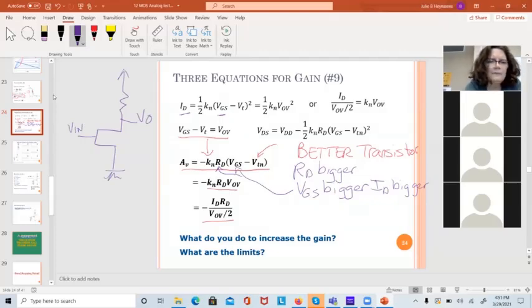We cannot have V out greater than whatever VDD is. I can't get more voltage out of here than I put into the circuit. And V out can't be less than ground. So with either one of those two conditions, I'm limited by the power supply voltages.